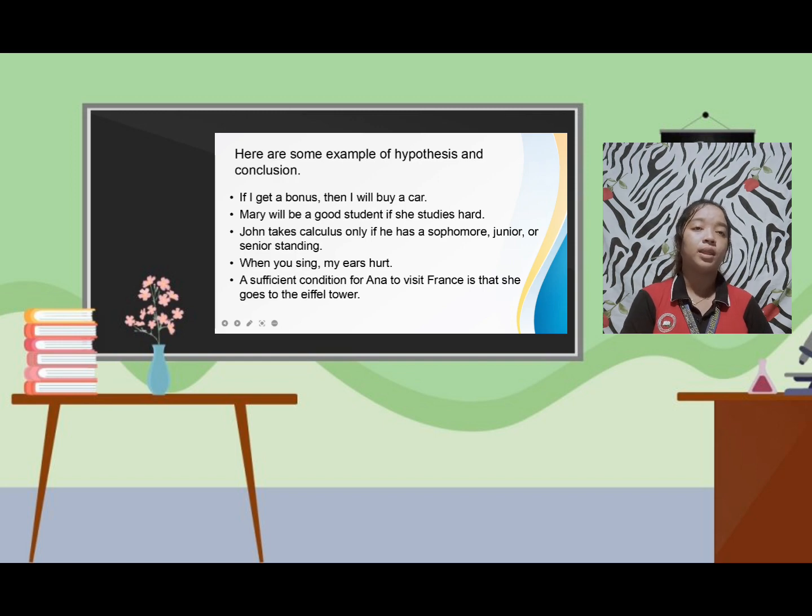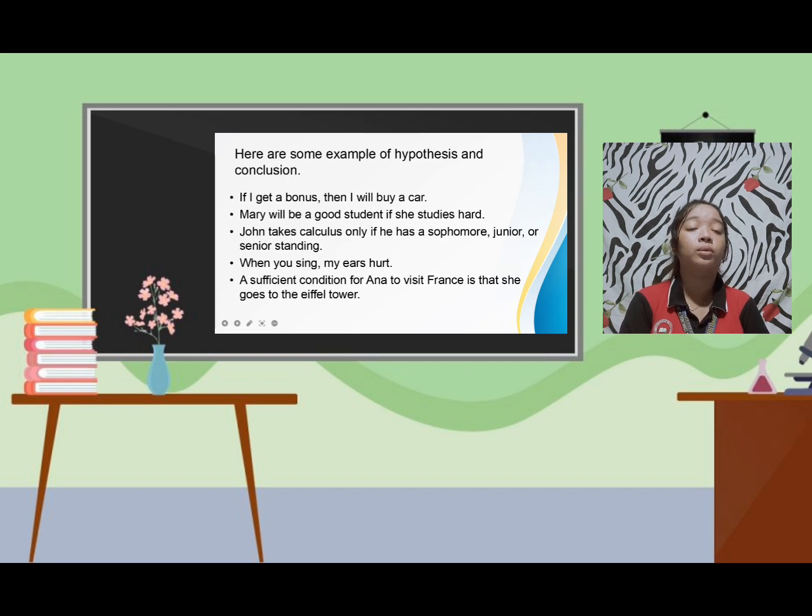Example number 1: if I get the bonus, then I will buy a car. Do you think it is written as a conditional proposition? Yes. So our hypothesis is I get the bonus, and our conclusion is I will buy a car.